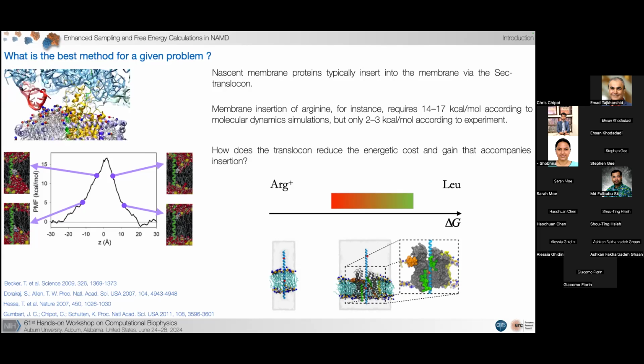If you really want to explain why they get 2 to 3 kcal per mole, then you have to invoke another partner, which is the translocon, and which provides a hospitable environment for an arginine. So it's not a direct translocation of arginine, it's translocation of arginine through the translocon.